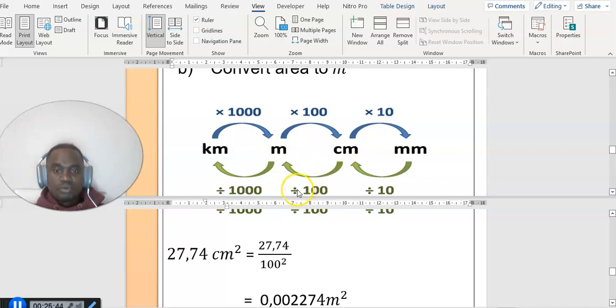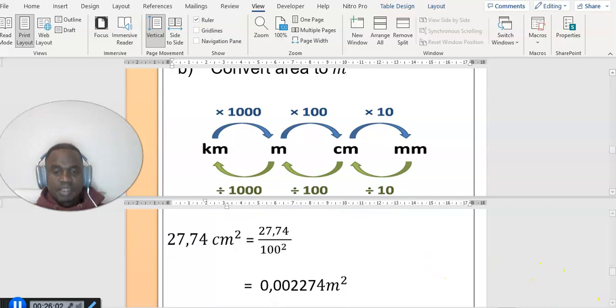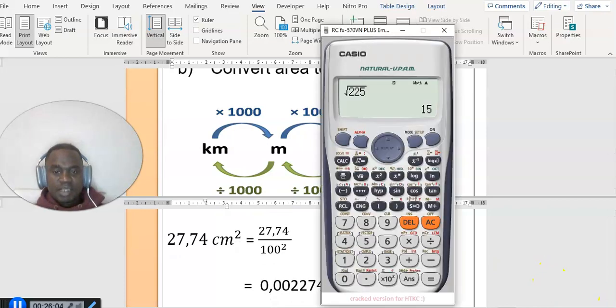So what do you do? You divide this by 100. But a centimeter square is area, so you square it. If I square it and I press it on the calculator, what am I going to get?